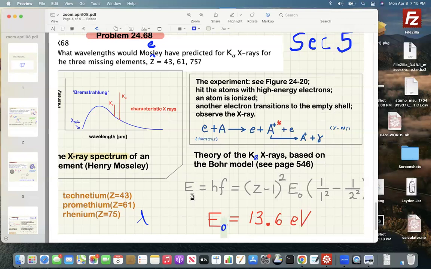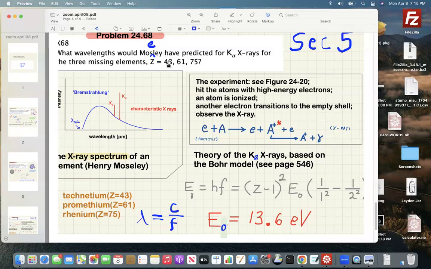Gamma is the usual symbol for a photon. Its wavelength is the speed of the photon, that's the speed of light, divided by the frequency. Because a photon behaves in some ways like a wave with a wavelength and a frequency. And wavelength times frequency is speed.